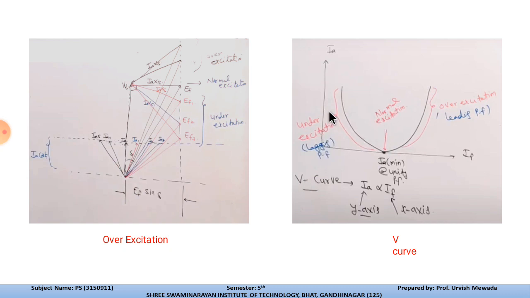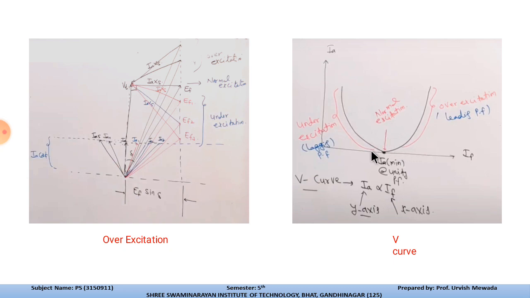Whenever the machine is under excited, it behaves like an inductor, and the power factor is lagging. Whenever the machine is normally excited, the power factor becomes unity.